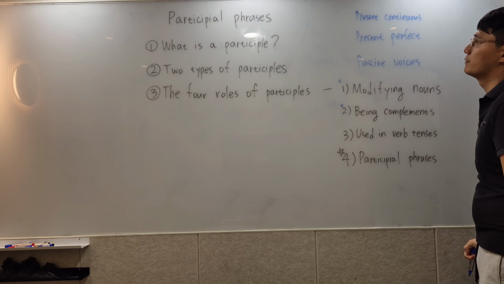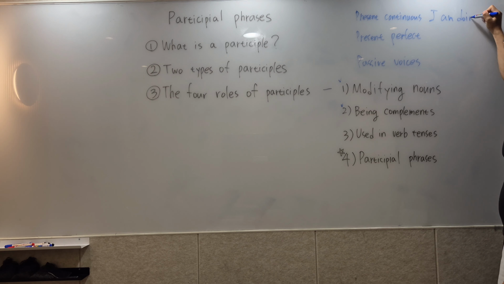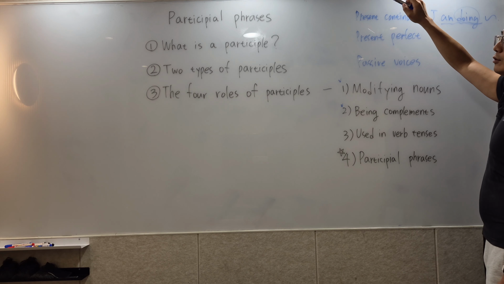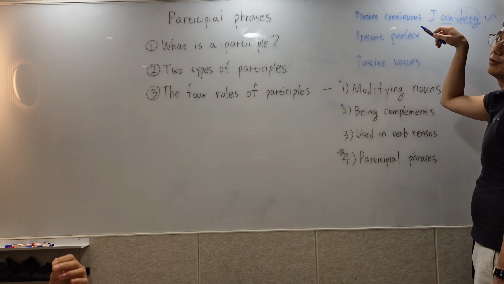So for the present continuous, for example, I'm doing something, you are doing something. Here, a participle is used to describe a present continuous tense.